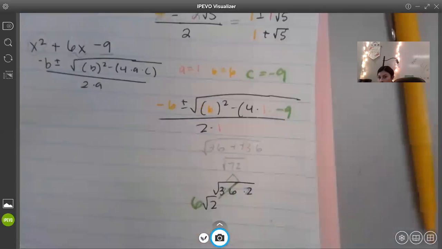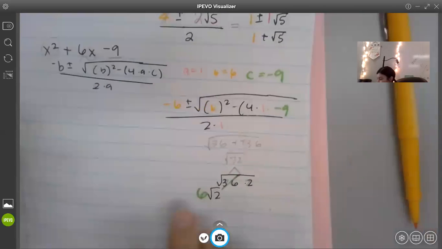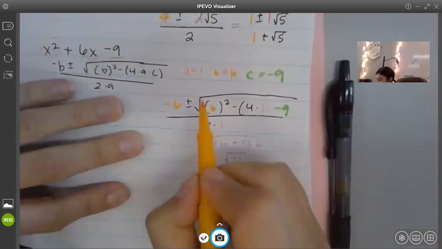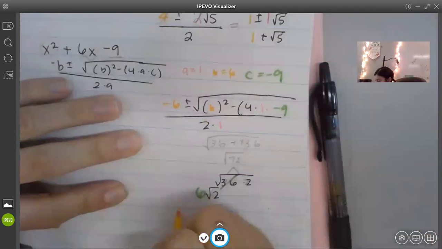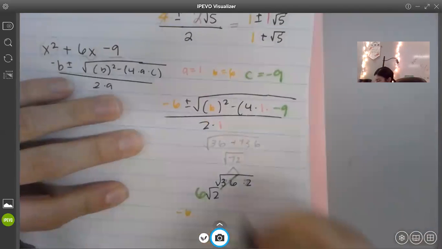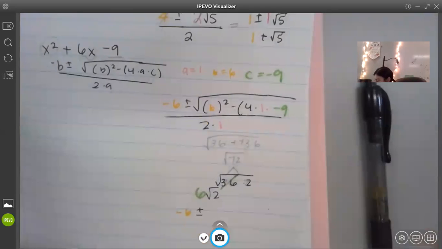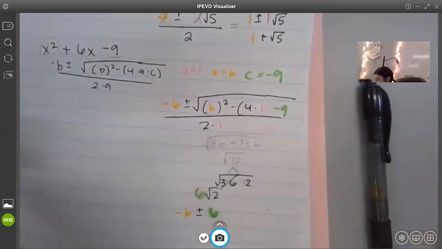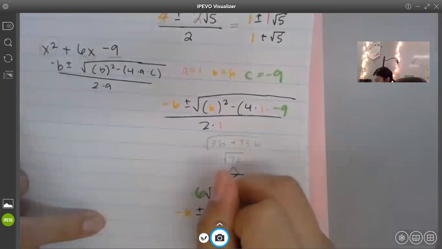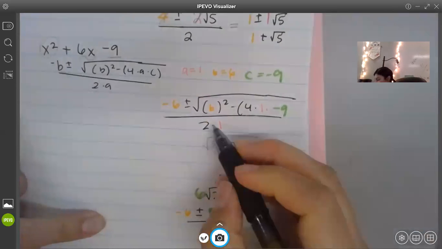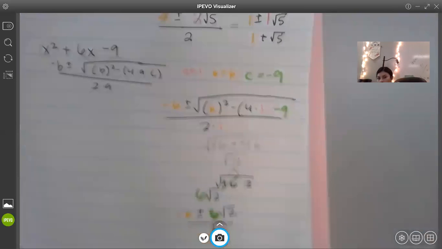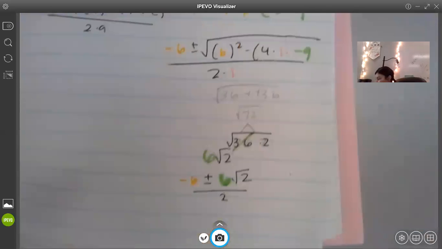Now, I'm going to put it all together into my formula. So instead of writing all of this, I'm going to write -6 plus or minus 6 times the square root of 2, all divided by 2 times 1 is 2. So that would be the answer to my third question that I'll ask you.